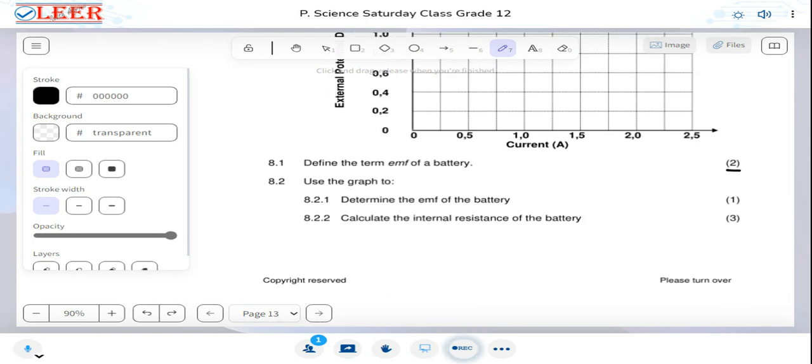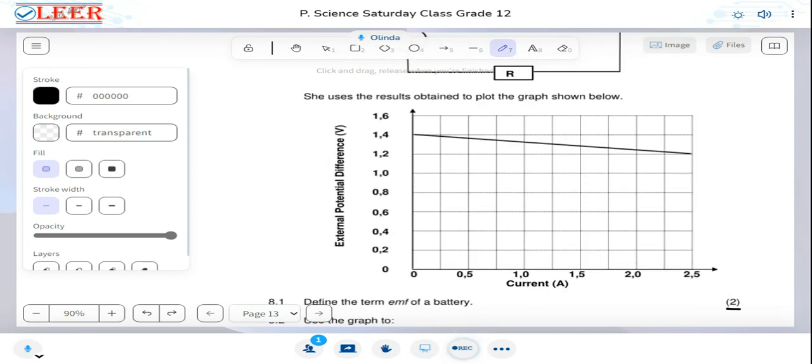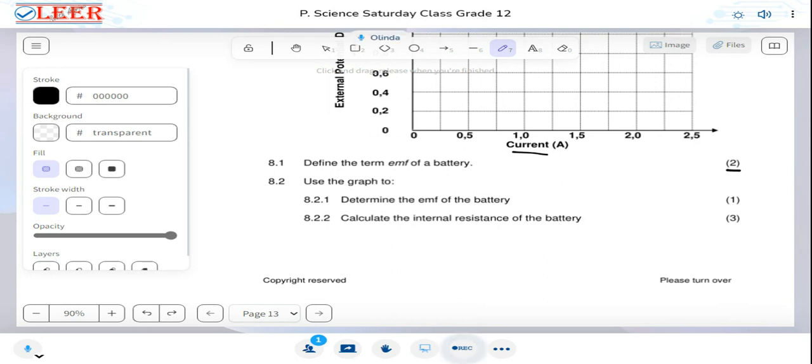Okay. So 8.2 says use the graph to determine the emf of the battery. And that's just 1 mark. Okay. So we have potential difference in our x-axis as well as current in our y-axis. Use the graph to determine the emf of the battery.